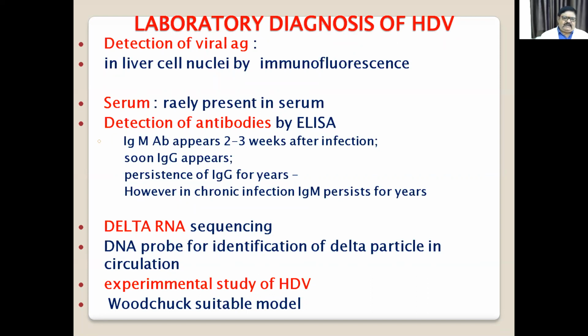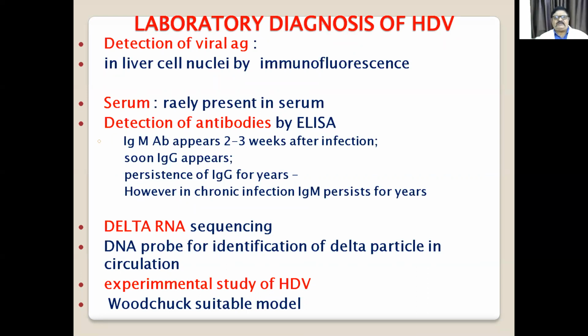Now, delta RNA sequencing and DNA probe for identification of delta particle in circulation, and the experimental study for which the woodchuck is a suitable model. But from the exam point of view, they ask you HDV as a short notes question, that too for 2 marks, not even 4 marks, because there are better questions that can be asked.